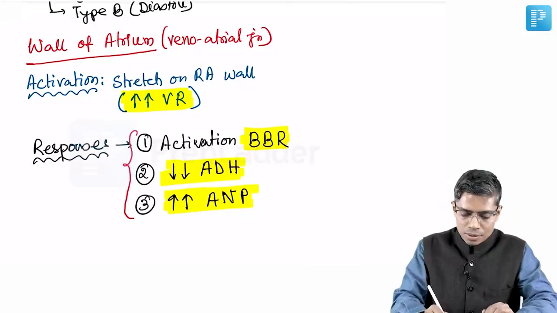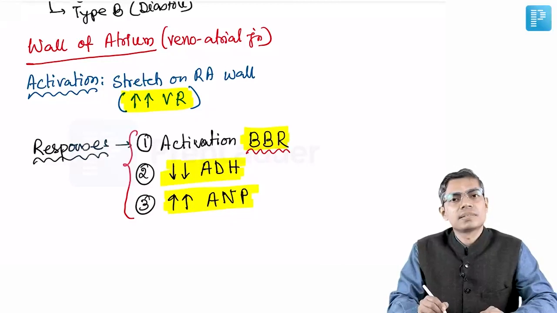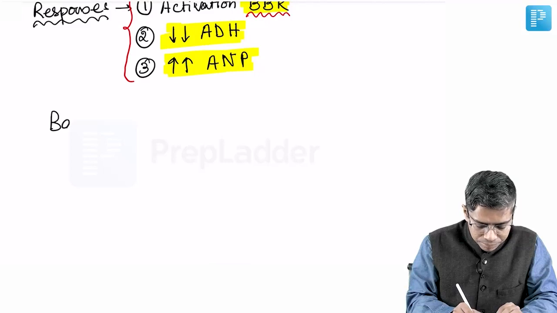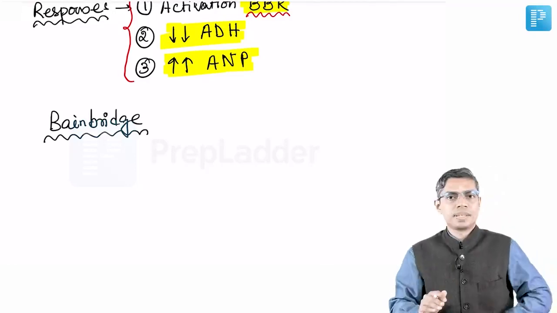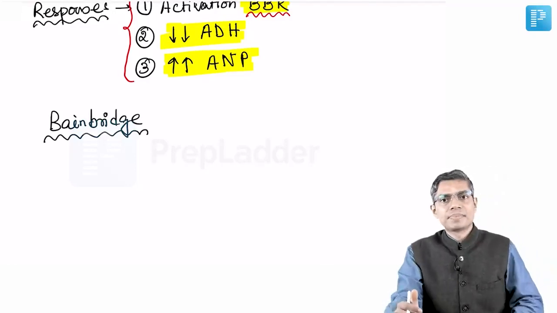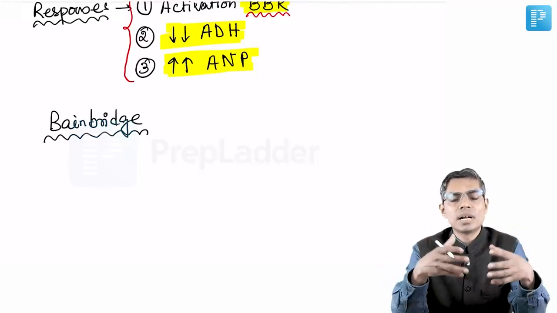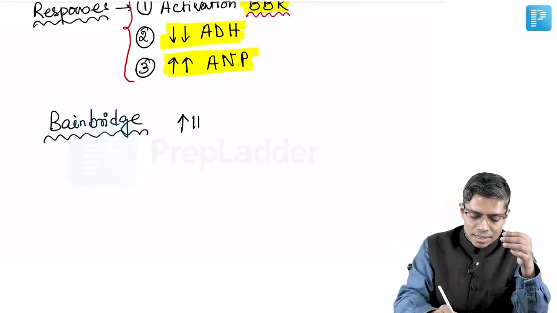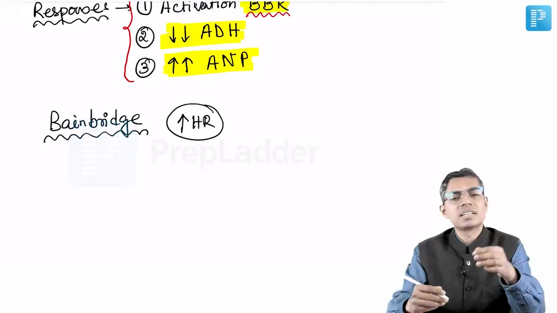Now we are going to discuss what this Bainbridge reflex is. Bainbridge first proved in an animal that if you infuse a certain volume of blood or fluid, it increases the heart rate, if the basal heart rate is low.